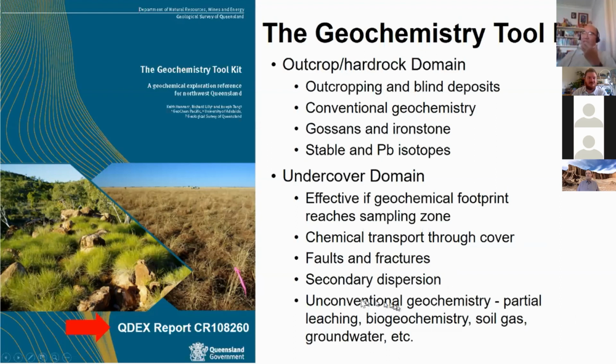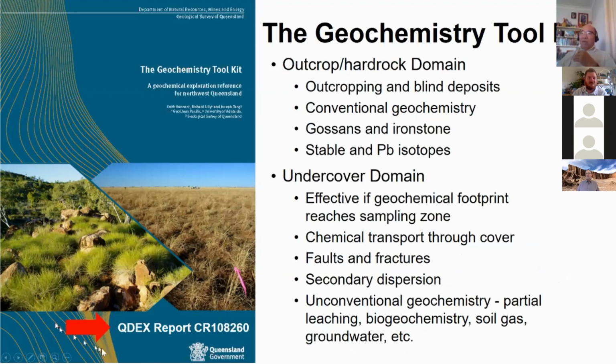Basically, it's very strong on conventional chemistry, comparing the different digestions used in some of these examples, and looking at biochemistry. We tried soil gas, and it discussed groundwater in exploration as well.